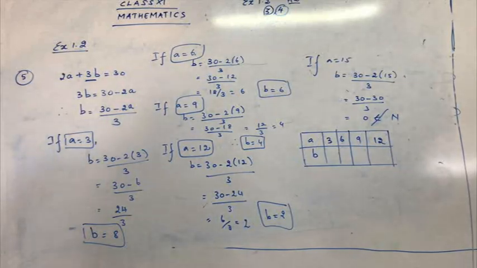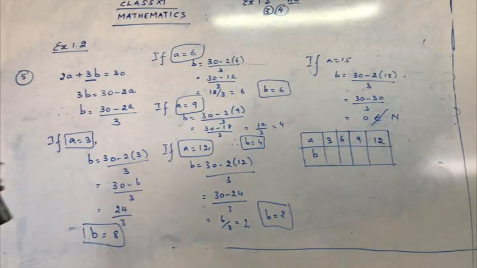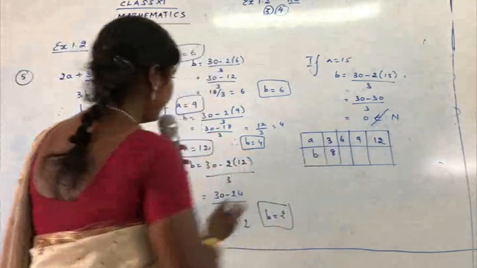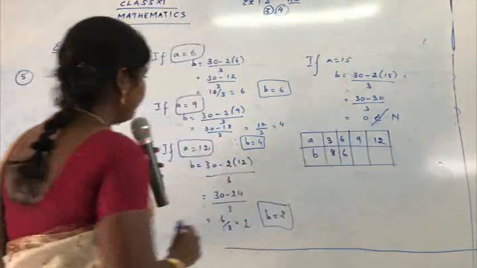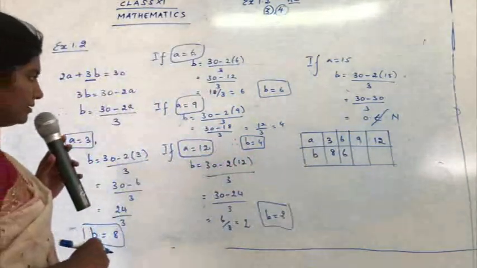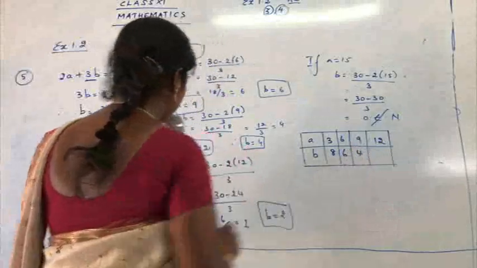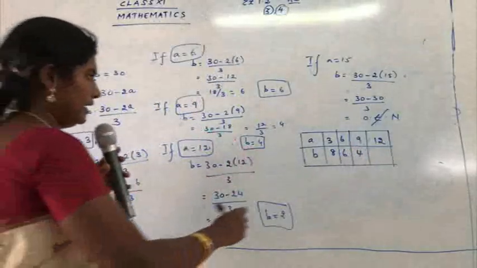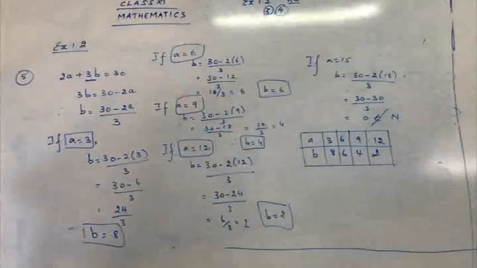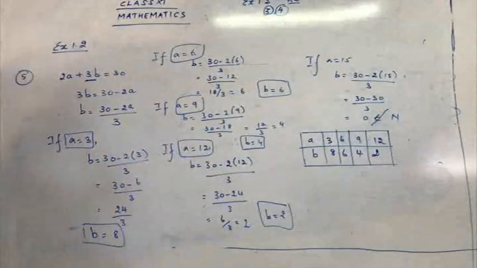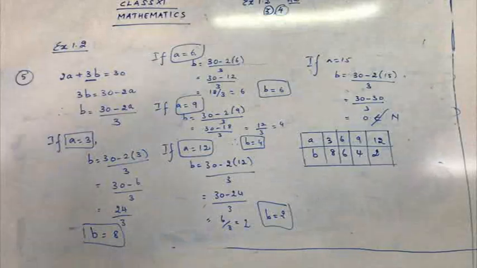Okay. Good. So I hope you have drawn the tables neatly. So let's fill the details. If A is 3, what is the value for B? It's 8. If A is 6, B is 6. If A is 9, B is 4, and if A is 12, B is 2. I am not including A as 15 because it gives you the answer 0, which is not in the set of natural numbers. So we get the pairs.